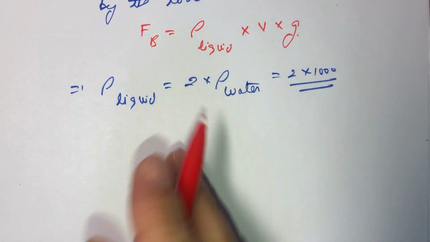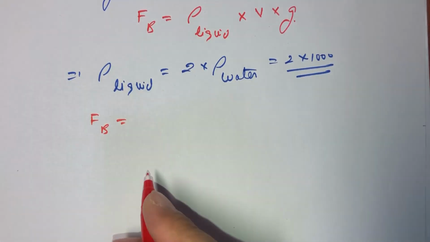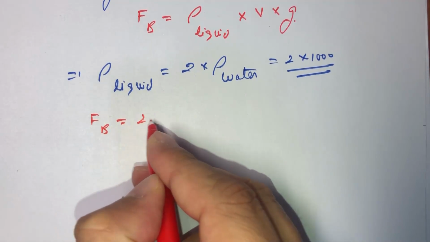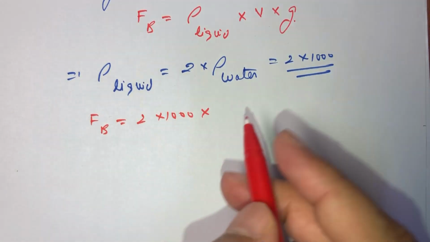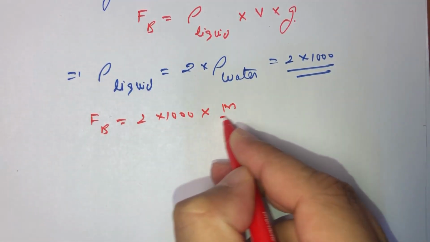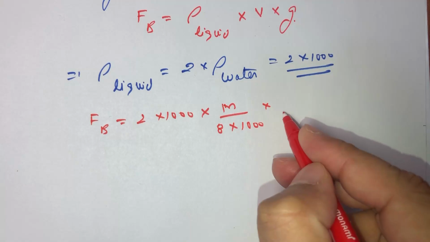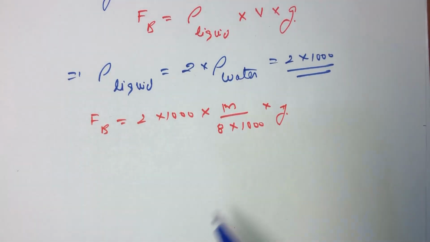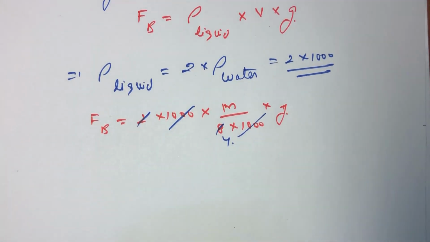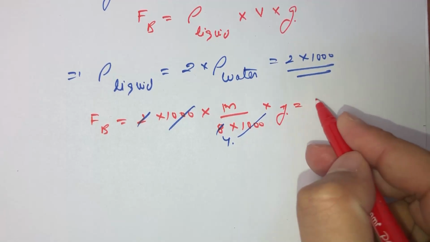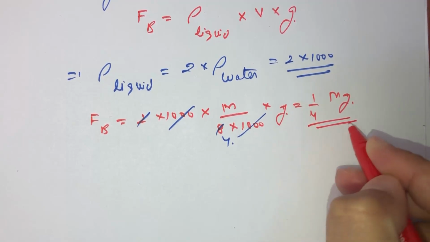Therefore, our buoyant force FB will be equal to 2 into 1000, and the volume we just calculated is m upon 8 into 1000, multiplied by g. 1000 and 1000 go away, and this comes as 4. So we get 1 by 4 mg.